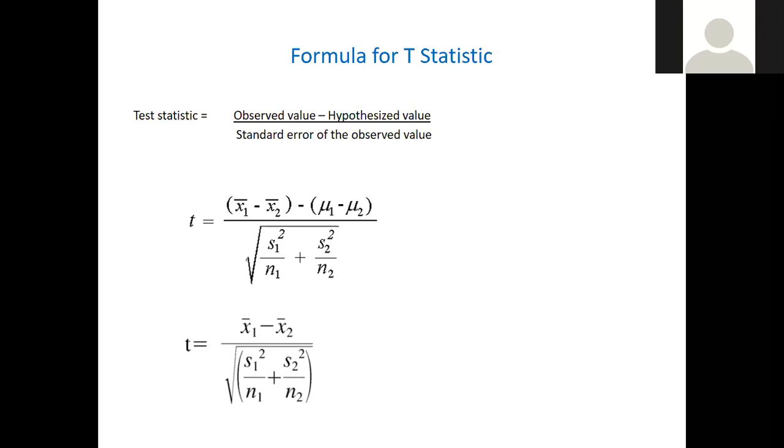You may see some variation in the way they calculate, but that is the logic behind all the statistical tests. You look at the difference between what you observe and what you expect at the numerator, and the denominator will be the standard error or the inherent variability.